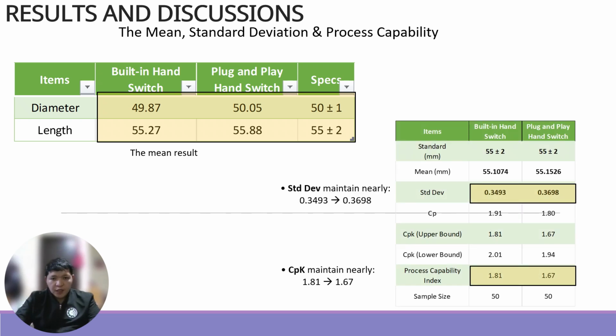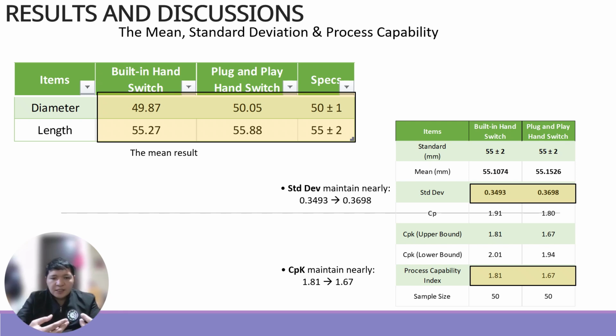And also for the standard deviation, so you can see, right? The standard deviation maintains nearly the value of the built-in hand switch at 0.3493, and the plug-and-play hand switch is at 0.3698.